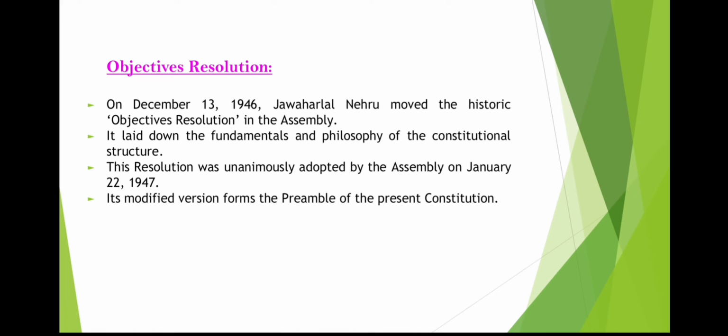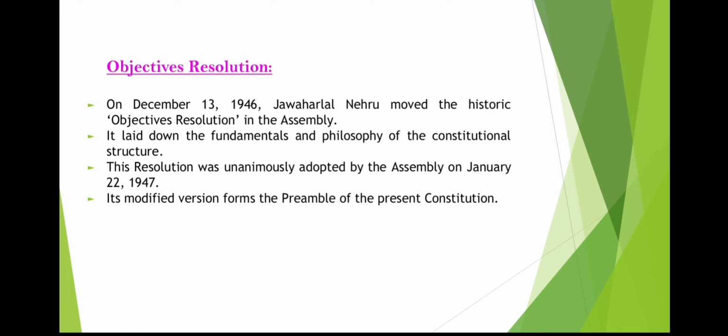After this, Pandit Jawaharlal Nehru on 13th December 1946 moved a historic Objective Resolution in the Constituent Assembly, which formed the philosophy of the constitutional structure, and its modified version formed the Preamble of the Constitution of India. This resolution was unanimously adopted by the Assembly on 22nd January 1947.